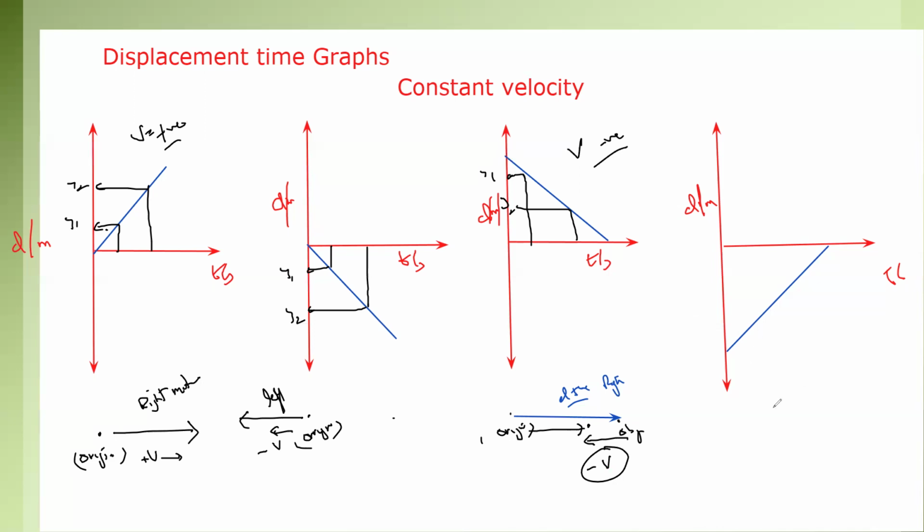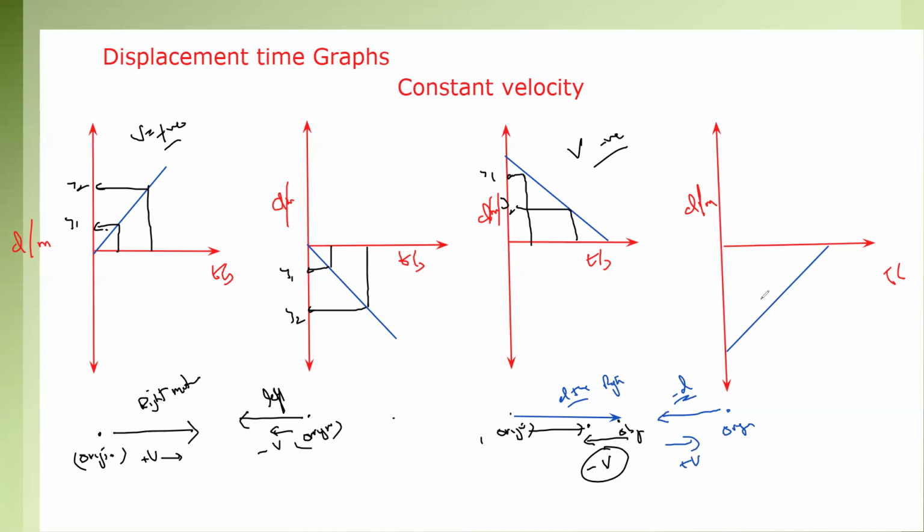And the last example: if we have an origin, so this is the origin, the object is on the left hand side of the origin. That's why the displacement is negative. And the object is moving towards the origin because the displacement is decreasing. So if an object is approaching or moving towards the origin, velocity is positive.